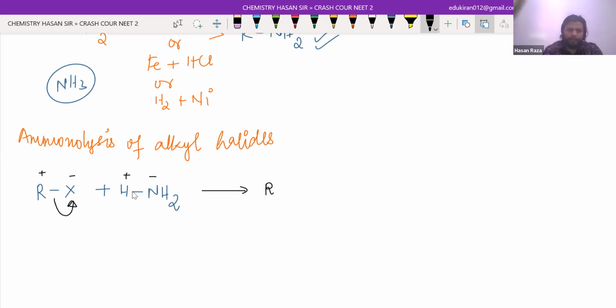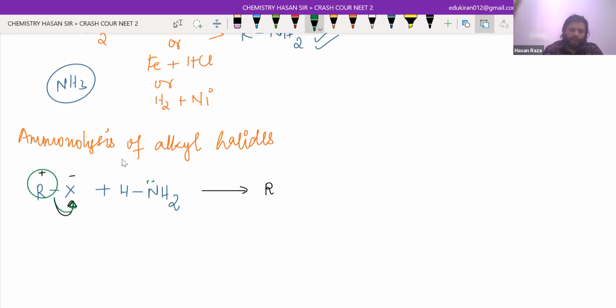A lone pair will be present on nitrogen. So if it will move like this, you can see R will have positive charge.